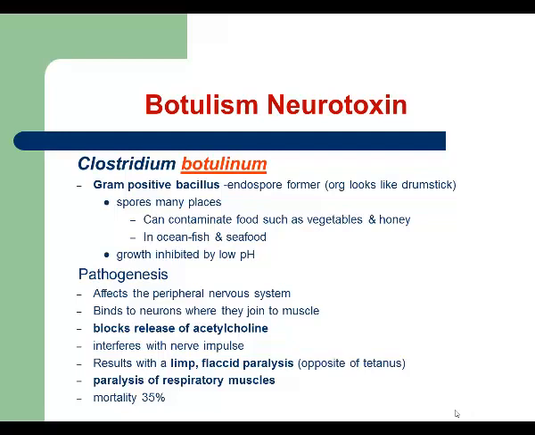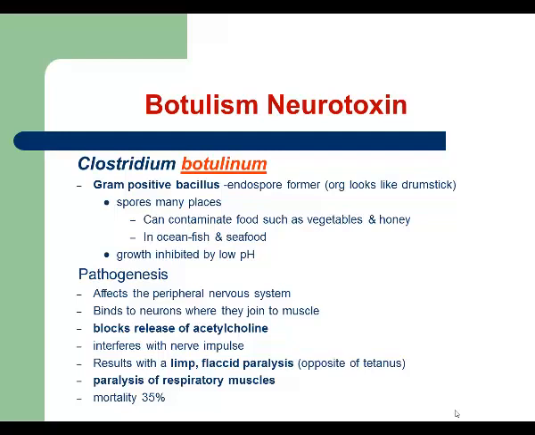Botulism is considered to be a food poisoning because people usually get infected when they eat food or products containing the neurotoxin that is produced by Clostridium botulinum.